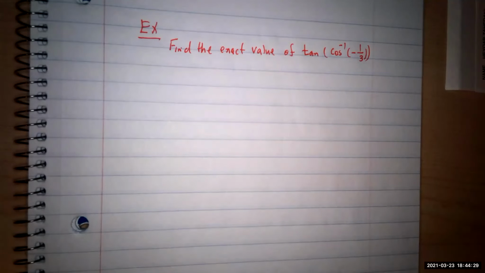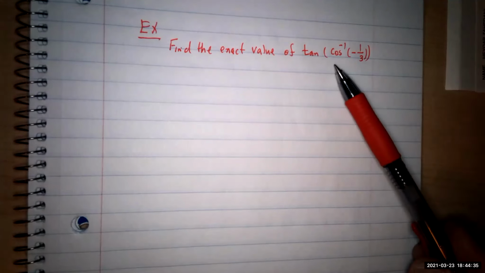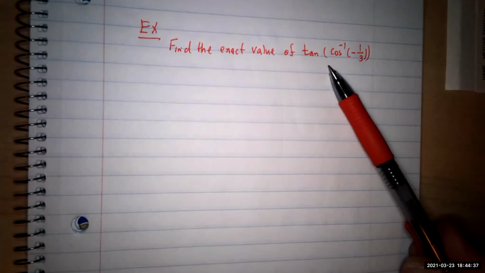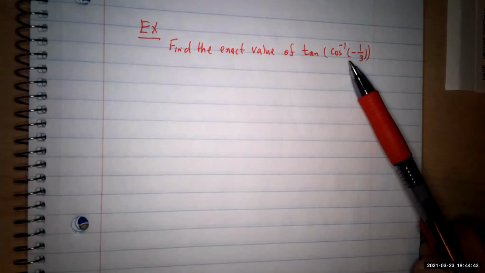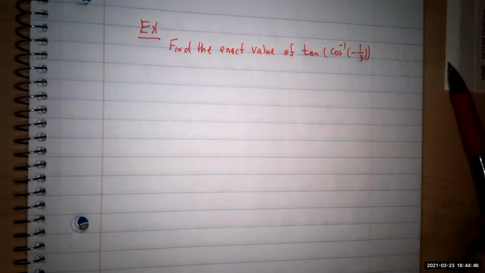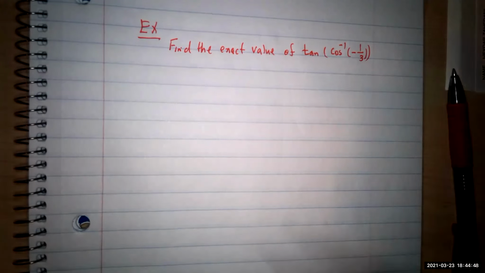Let's see how to handle this one. Again, the general method is we start from that inverse part. We're going to call this one something: alpha, x, y, z, whatever you like. Then we see what you are looking for. That's the general method that we're going to use.